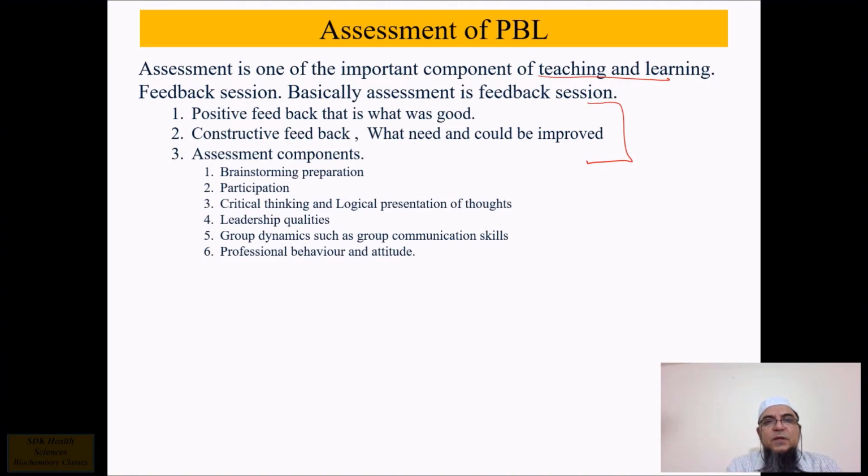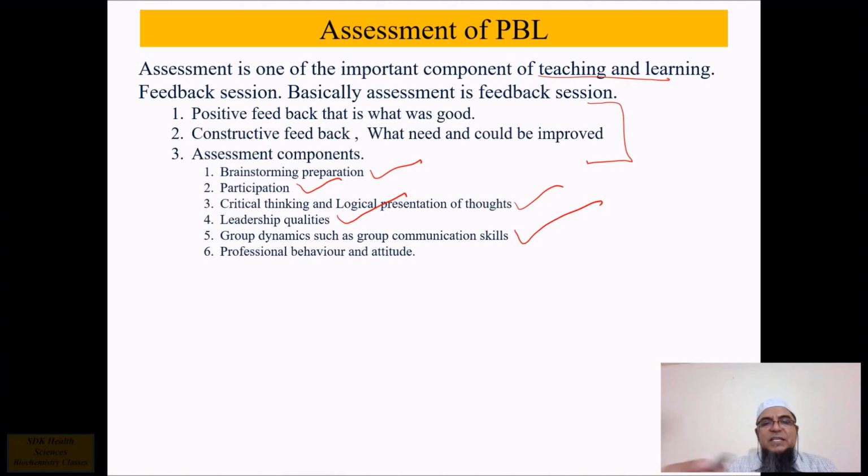Number one, the brainstorming preparation. How was the brainstorming preparation? Was it in a logical manner? Participation of the members, critical thinking and logical presentation of thoughts, leadership qualities, group dynamics and group communication, and professional behavior and attitude. So assessment will be done on these 6 points, and then the marks will be allocated to every member.